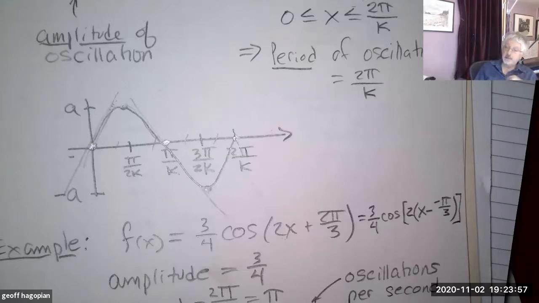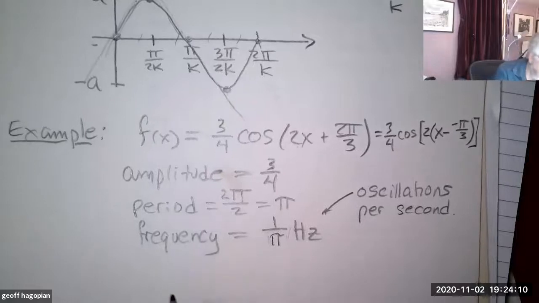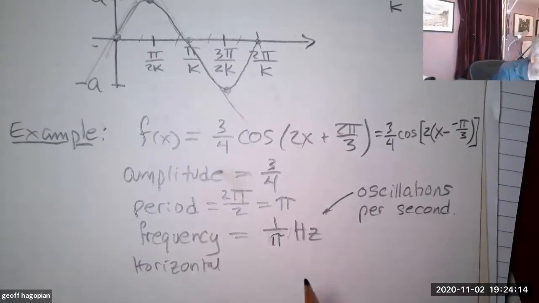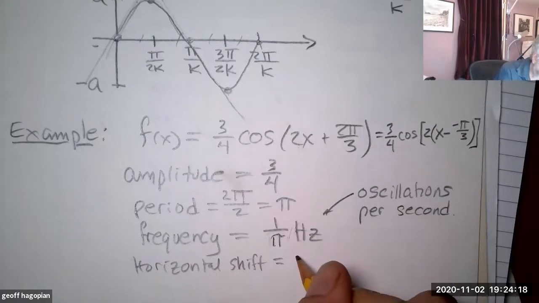Same thing, right? Subtracting a negative is the same as adding. That's just to make the horizontal shift explicit, right? So the horizontal shift, which we'll start calling the phase shift, is going to be negative pi over 3, right?